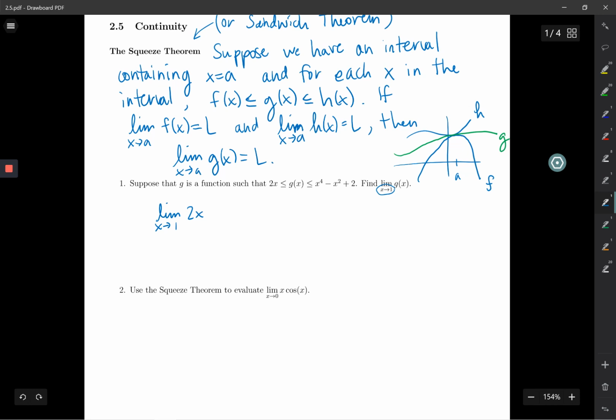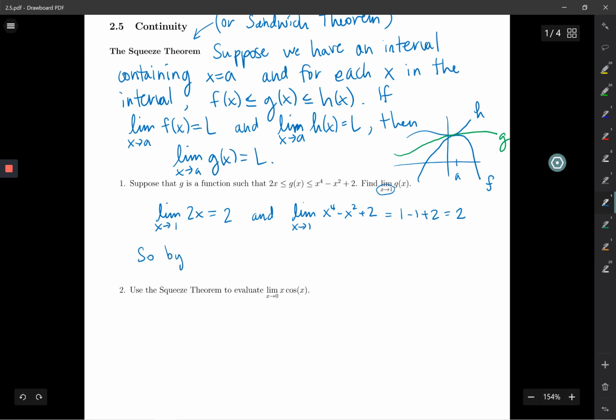For this one, this is a polynomial technically, and so we just plug in 1 and we get 2. And if we take the limit of the other function, we have x to the 4th minus x squared plus 2. That will give us 1 minus 1 plus 2, so also 2.